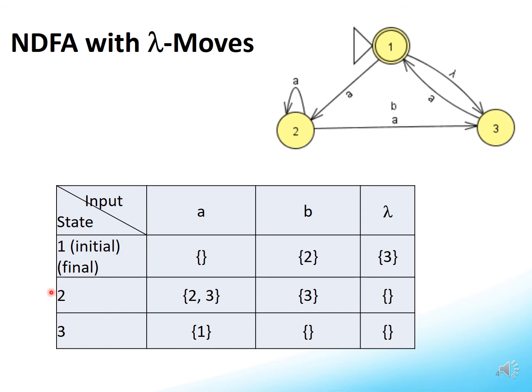For example, in state 1, seeing no symbol, lambda meaning empty string, empty character, it can move to state 3. The lambda move is magical in the sense that when you go to state 1, then the machine can be in state 1 or state 3 at the same time.